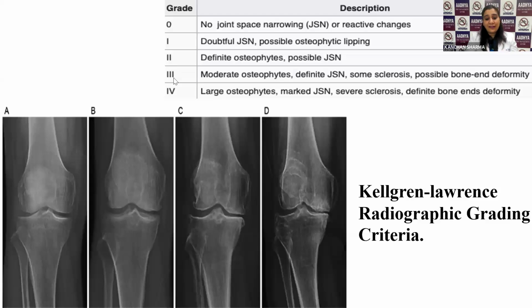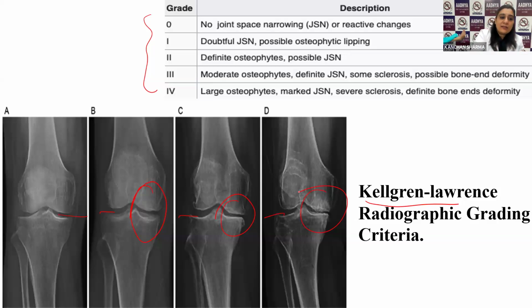Now, if you want to learn the grading, you can take a screenshot of this, okay. So these are the various grades, and we usually follow the Kellgren-Lawrence classification, and I have written the grades of this classification. So briefly, I will just tell you, because you can go back and read all this. Once you are looking at this joint, the more bad the knee is, as I have told you, the medial side will be the one most commonly involved as compared to your lateral side. So you just try to look for this medial side.